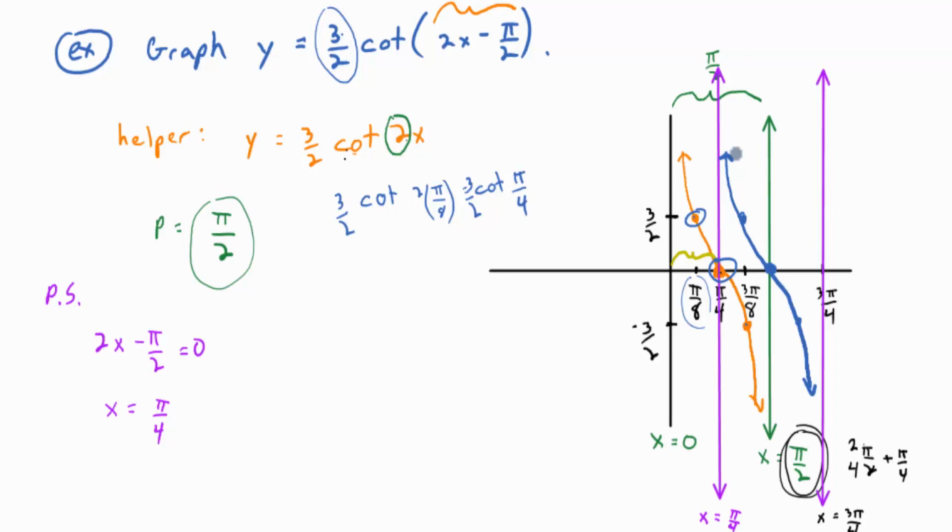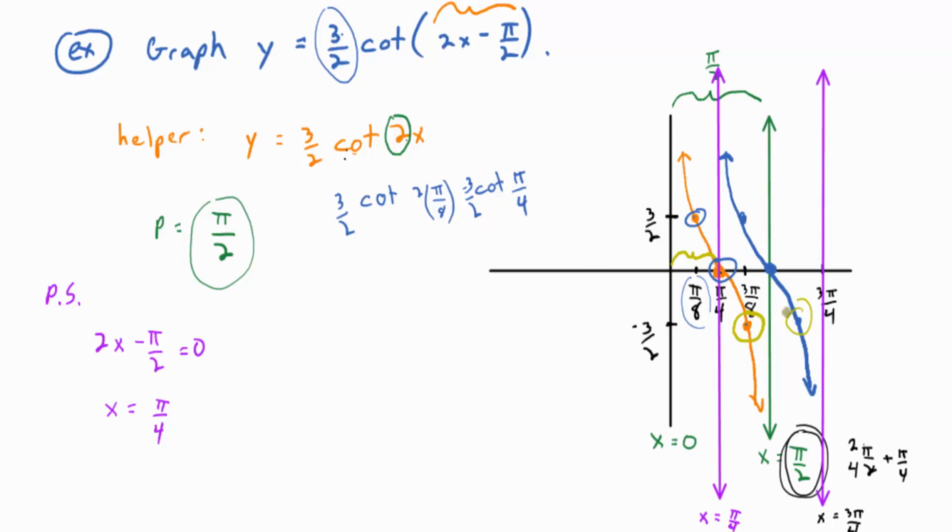What if I asked you for the coordinates of this point? Could you come up with those coordinates? That's a skill you should be able to have in your repertoire. How would you come up with that point? Well, it's this point moved to the right pi fourths, right?